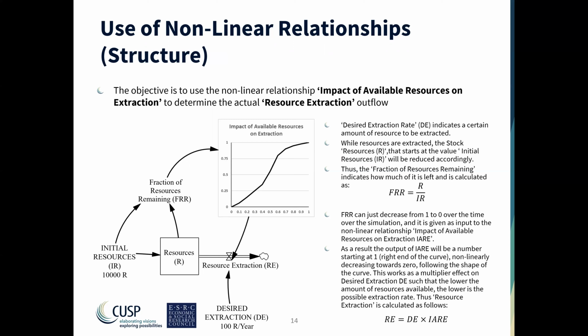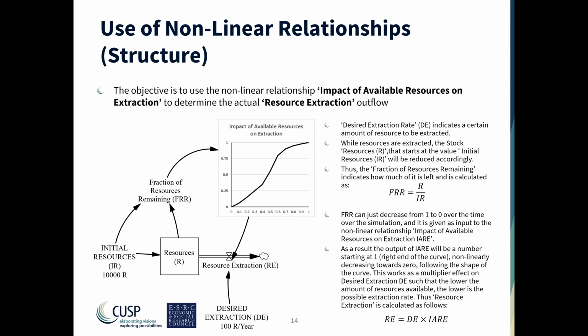Of course, the more we extract, the more the stock of resources will decrease. The initial value for the resources is on the left side, so we call it 10,000 R as a unit of measurement for resources. And we pick a fraction of resources remaining as the ratio between the resources that are decreasing and the constant initial resources. That fraction becomes the input to the nonlinear relationship, so it is going to come in from the x-axis.